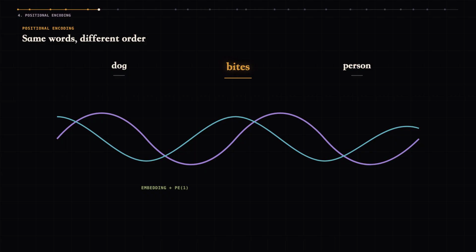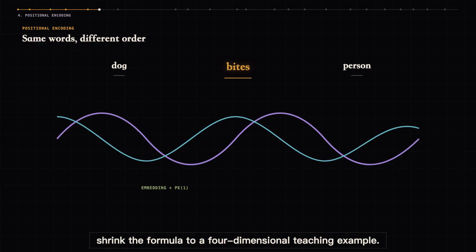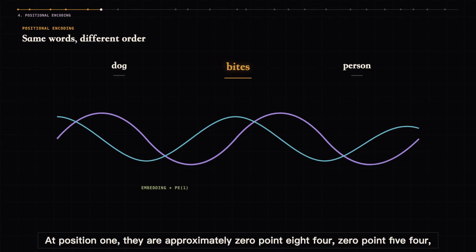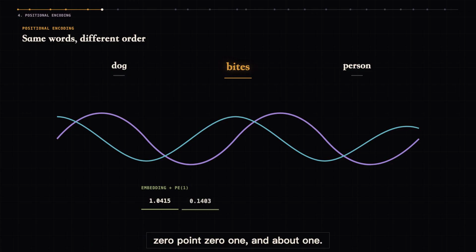change slowly. To make the values visible, shrink the formula to a 4-dimensional teaching example. At position 0, the first 4 position values are 0, 1, 0, 1. At position 1, they are approximately 0.84, 0.54, 0.01, and about 1.